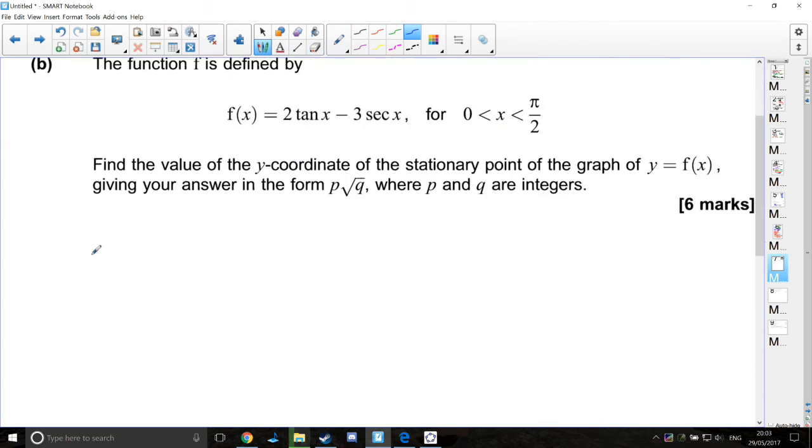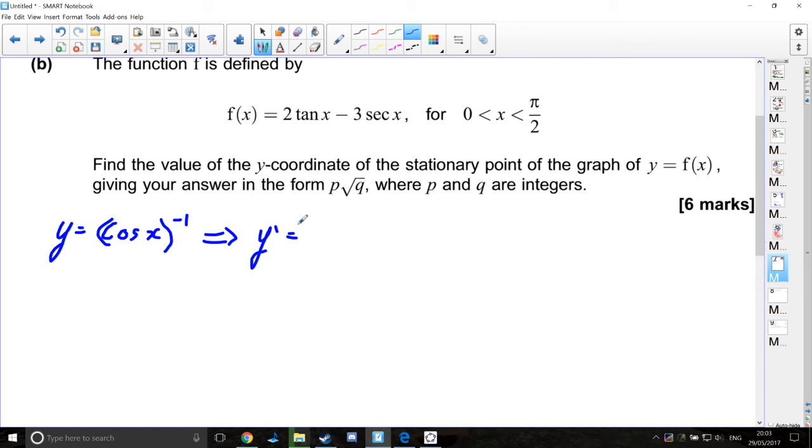So y is equal to the reciprocal of cos x, or sec x. If we take the derivative, that is y prime, then this is a chain rule.